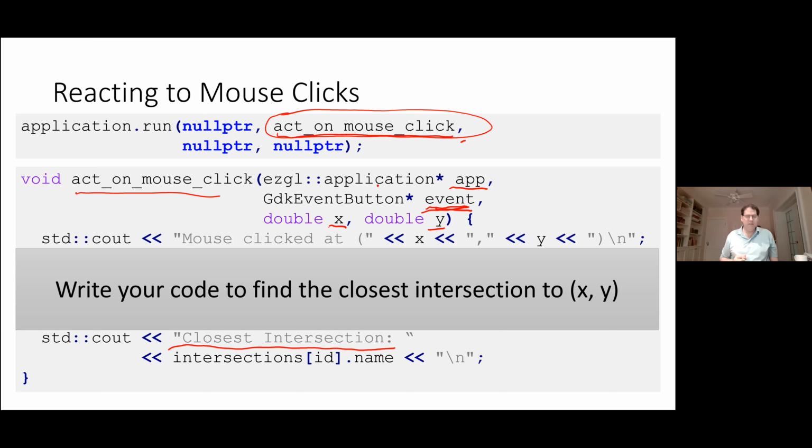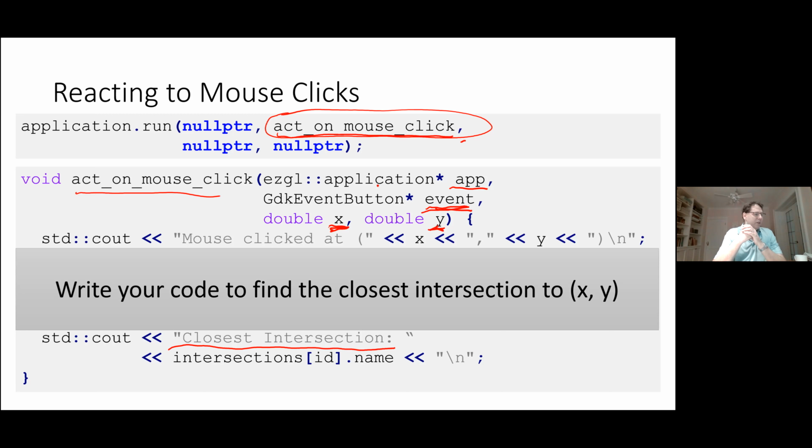How would I do this? Any ideas, just type in the chat or unmute yourself. How am I going to find the closest intersection to this X, Y where the person clicked? This function is called when they click the mouse, and it has these two handy things, X and Y, where they clicked. Use the M1 function. Yeah, so in M1, you actually wrote a function that was find closest intersection.